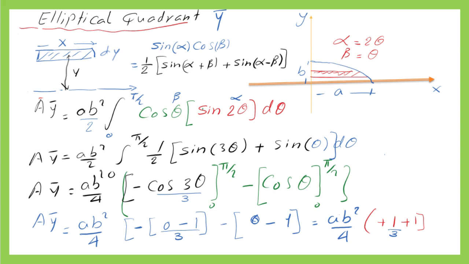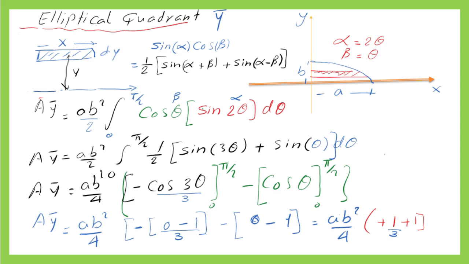We get 1/2 multiplied by 1/2 out, so we have ab squared divided by 4 multiplied by the integration of sin 3 theta d theta, which is minus cosine 3 theta divided by 3 from 0 to pi over 2, while the integration of sin theta d theta from 0 to pi over 2 will be equal to minus cosine theta.